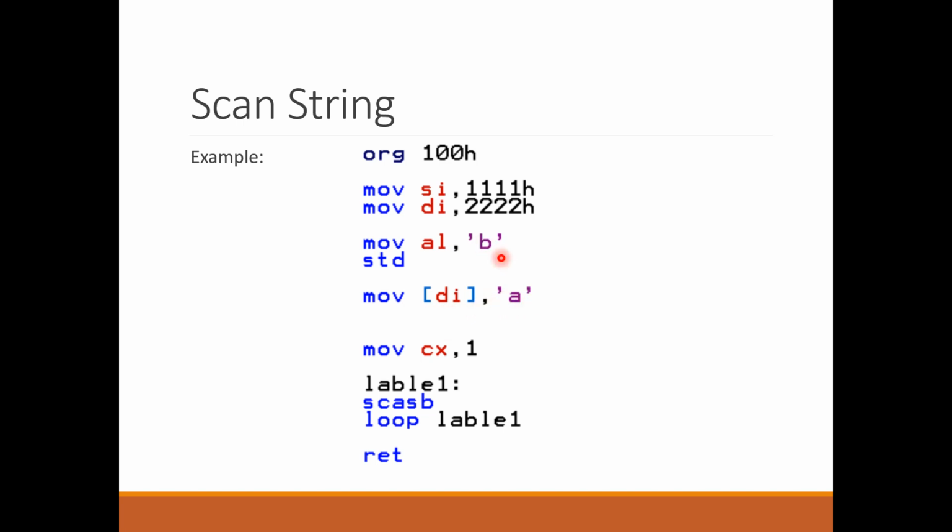So as a result, it subtracts the ASCII codes, and because 62 minus 61 is going to be 1, the result is not going to be 0. Okay, the result is not 0, so the zero flag is 0 in this case.